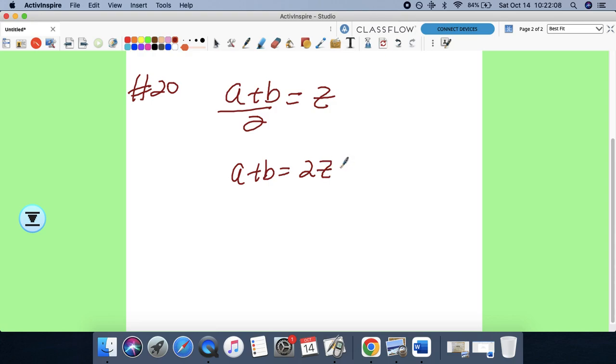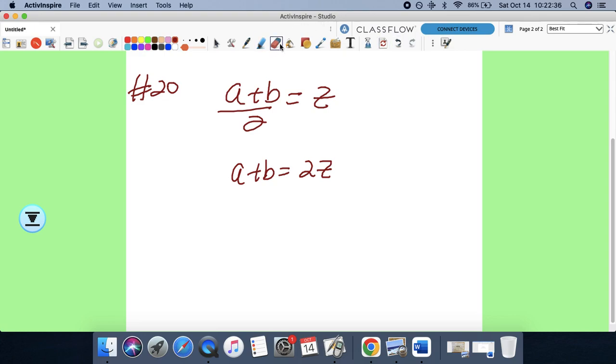Therefore, the average of A and B and C equals... right? The average of A and B plus 2 equals Z, which of the following is the average of A plus B plus Z.